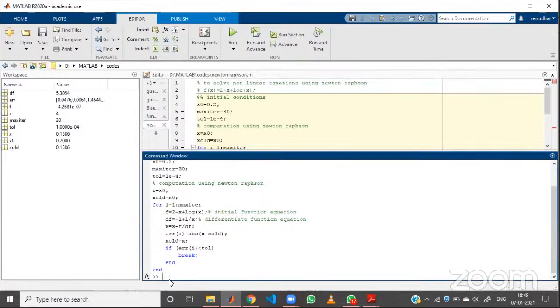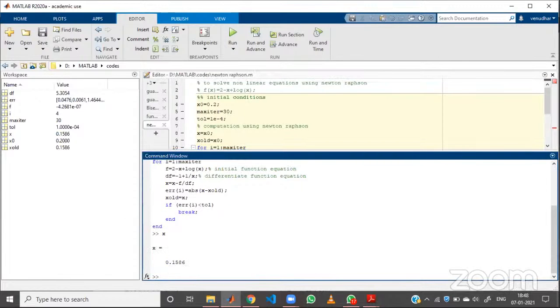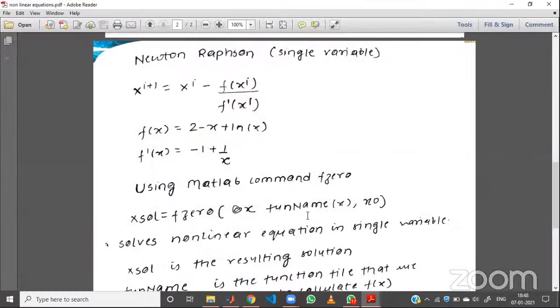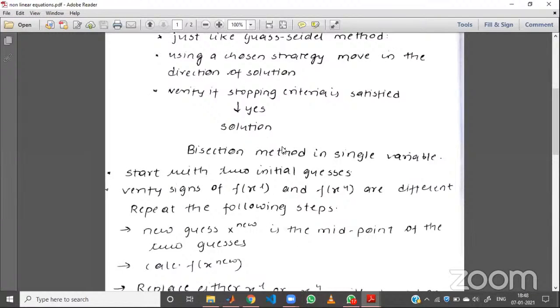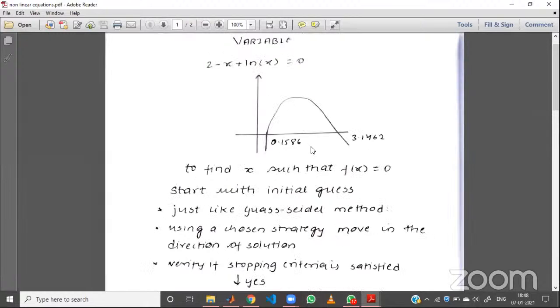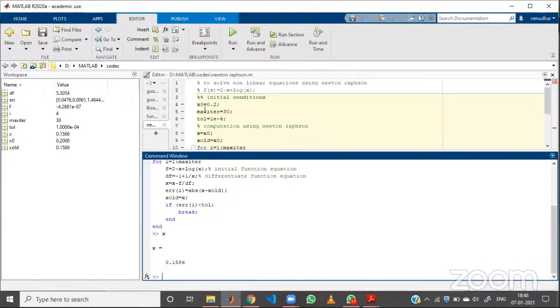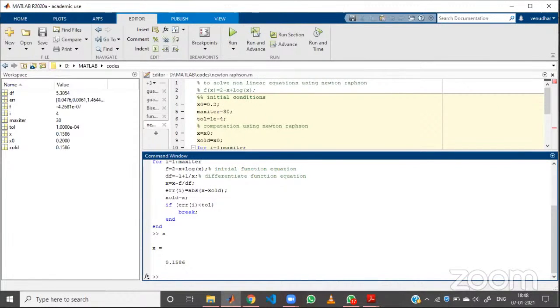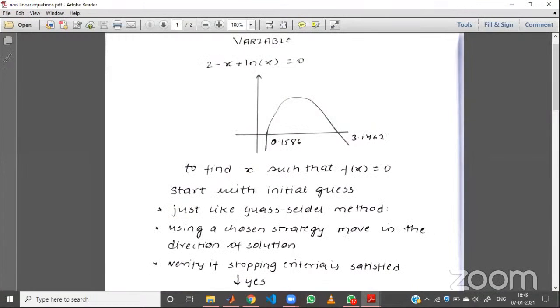What is the value of x here? 0.1586, which is the same as here, 0.1586. The initial value x0 is 0.2. We have not got the other value, which is 3.1462.